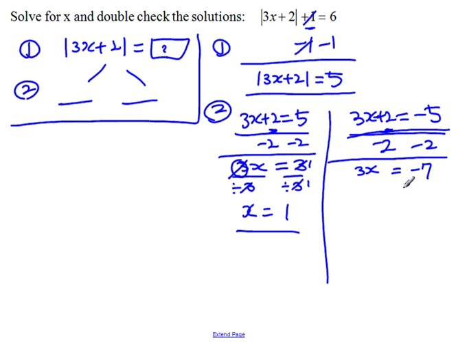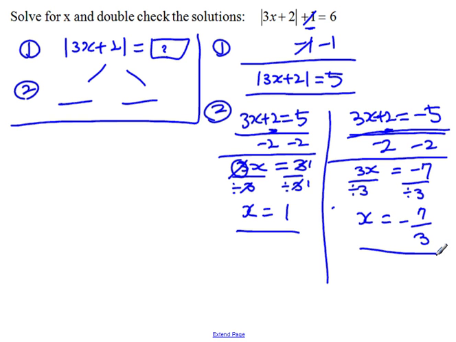And then we divide both sides by the coefficient of the x term, so we divide by 3. So we get x on the left, and on the right, negative 7 over 3. So we found the other solution. There are two solutions, 1 and negative 7 over 3.